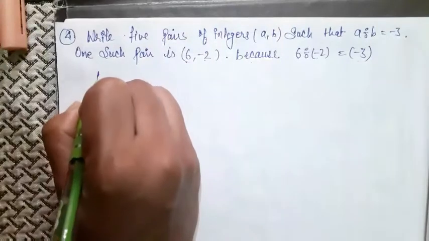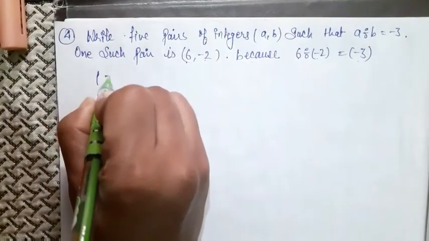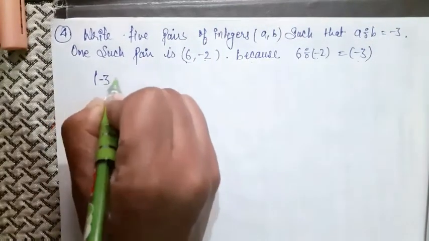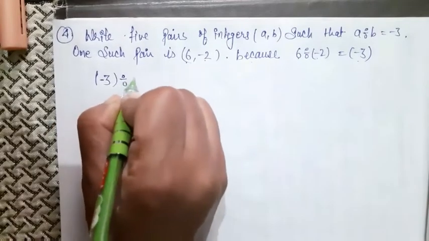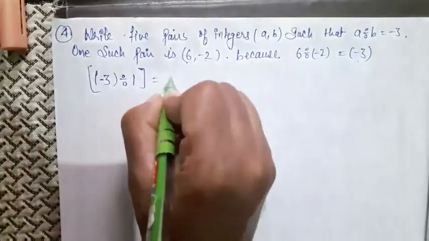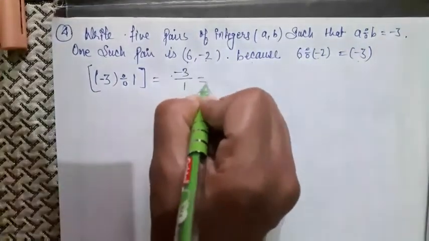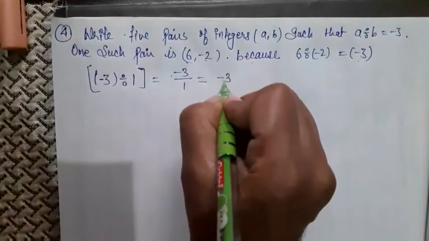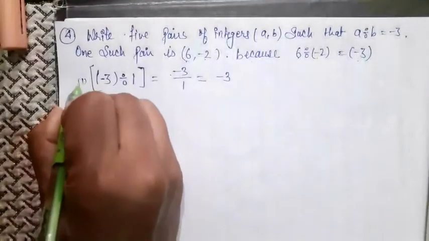So the first pair is a equal to -3 divided by 1. So here -3 divided by 1 we get -3. This is the first pair.